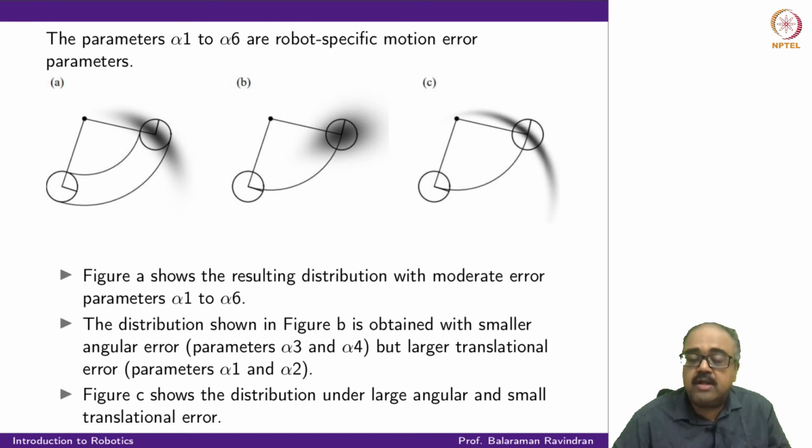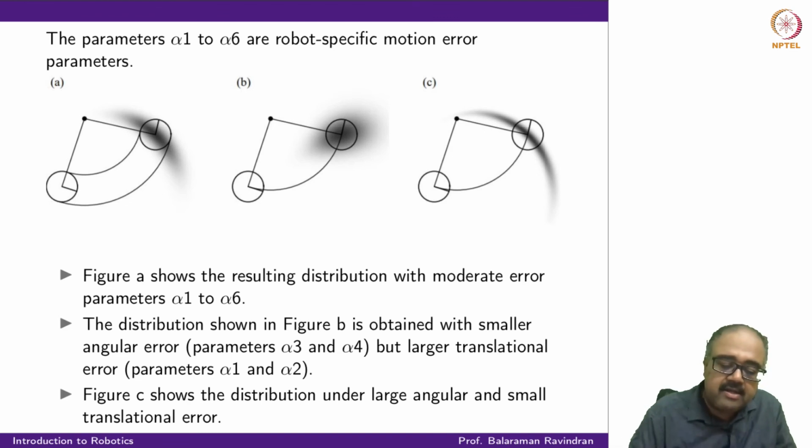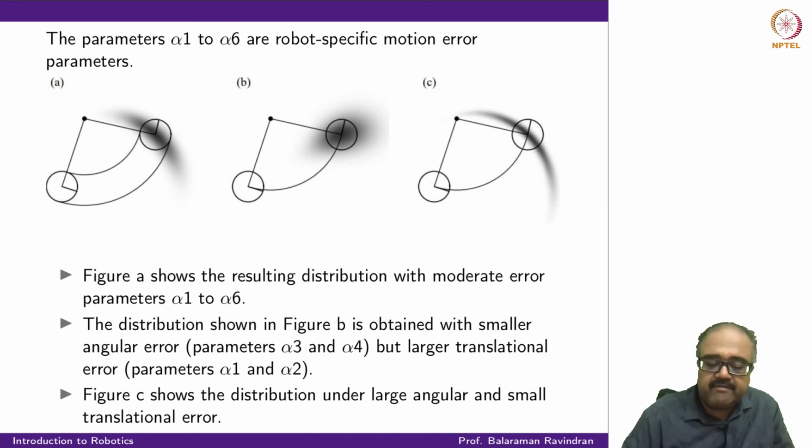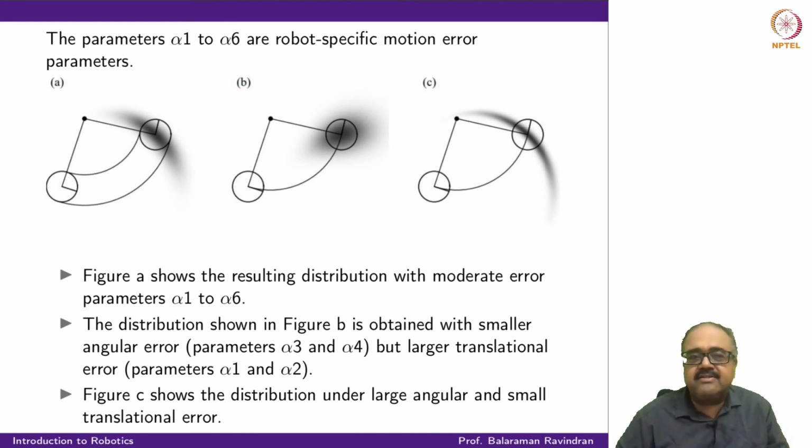Therefore, I have a smaller translational error, but a larger angular error than in A. So, my alpha 3, alpha 4, 5 and 6 would be larger in figure C, and alpha 1, alpha 2 would be smaller than in figure A. This is the kind of predictions that you would see for the probability distributions for various values of alpha 1 to alpha 6.